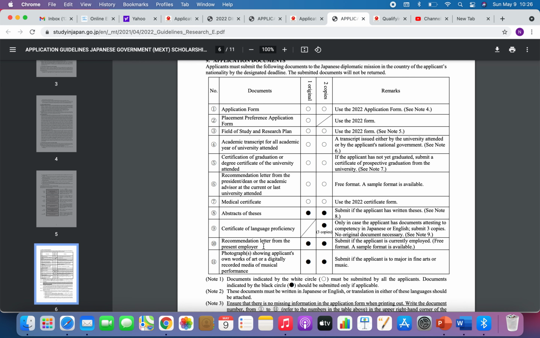If you have a recommendation letter from your employer, you should also provide it, but it's not compulsory. If you're going to be studying something related to art, you can show a photograph of your work. The ones in white dots are compulsory, while the ones in black are not. You only submit them if it's applicable in your case.